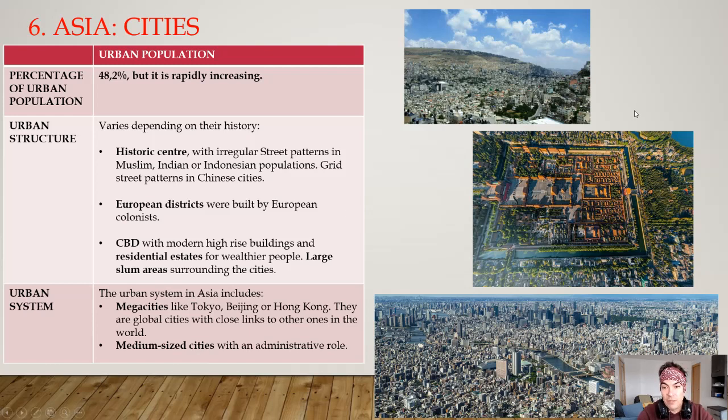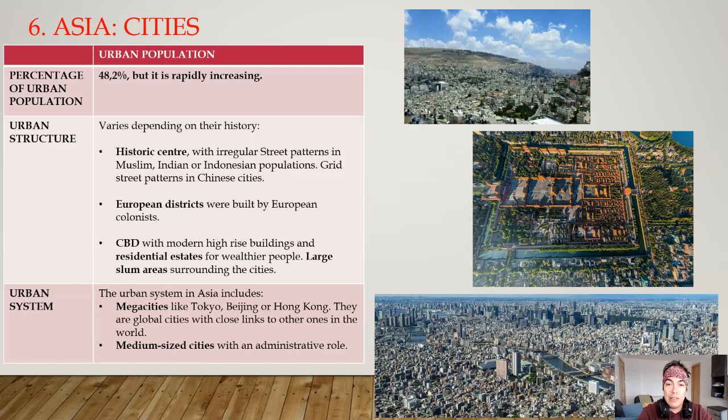I didn't have enough space for more photos of the slums, but they are similar to the ones that we have seen in America and Africa. The urban system in Asia includes mega cities, which are very, very large cities with millions of inhabitants, such as Tokyo, the capital of Japan, Beijing, the capital of China, or Hong Kong.